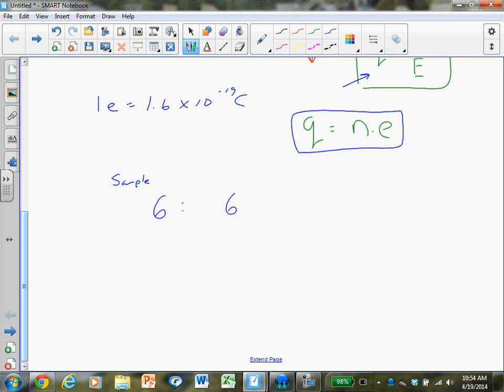Well, 6 can be divided by 6, it can be divided by 3, and divided by 2. We'll ignore the 1. Everything can be divided by 1. 24, let's say we got for another value of Q. And that can be divided by 24, 12, okay, 8, 6, 4, 3, 2.